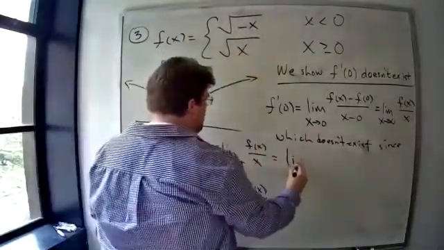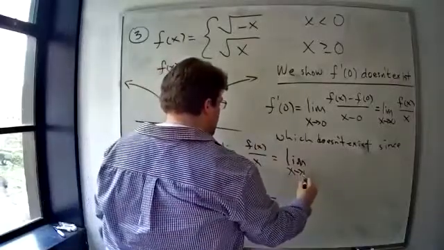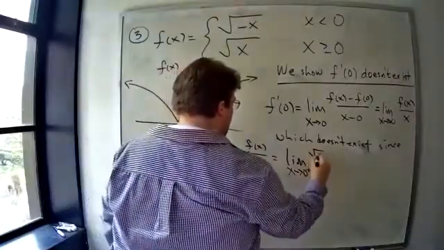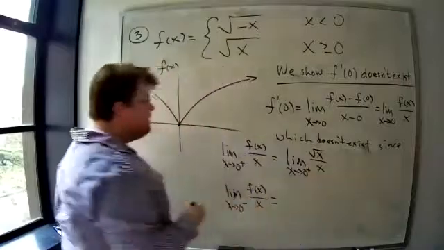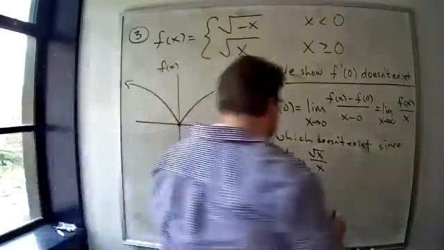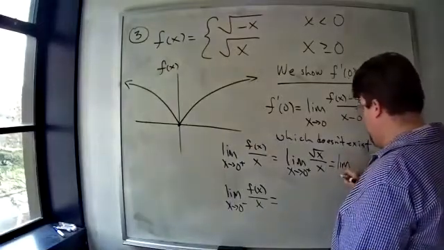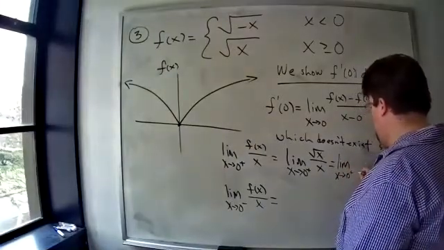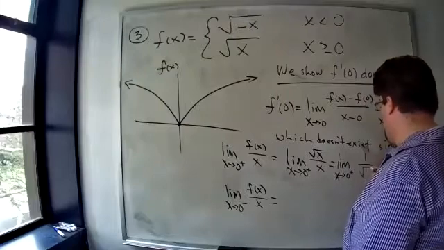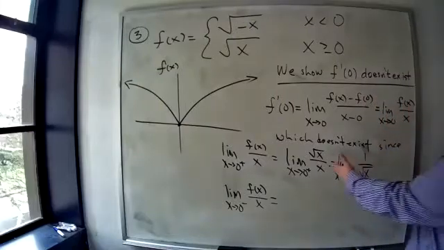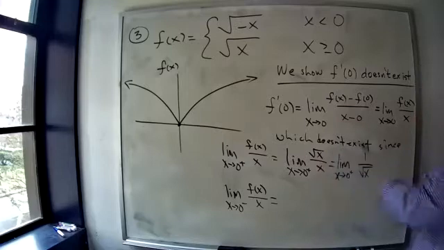Root x. How do we do that limit? Well, you can't do a substitution, but we can reduce the fraction, because x is root x times root x, so a root x will cancel. You're left with a root x on the bottom.